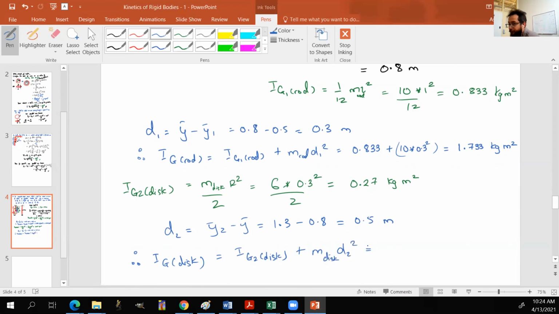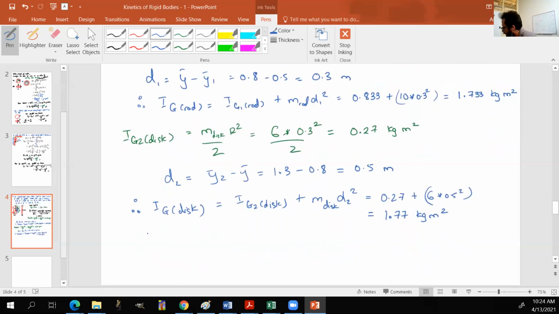So that's equal to 0.27 plus mass of the disk, 6, times 0.5 squared. How much does that turn out to be equal to? 1.77. There's 1.733, different. Oh yeah, my bad. Kilogram meter squared.